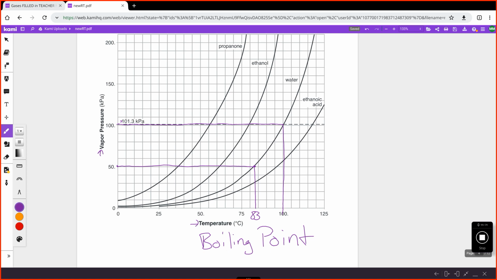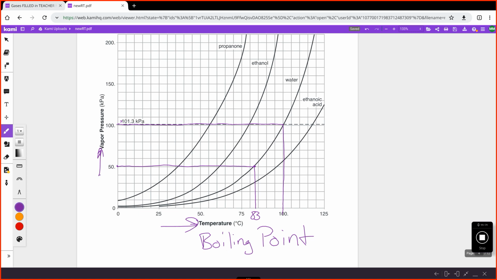Essentially, the molecules don't need the same amount of energy to break apart because there's not the same amount of force pushing down on their surface. And so that's exactly what this chart tries to show: the change of vapor pressure and how it influences and changes the temperature of a liquid.